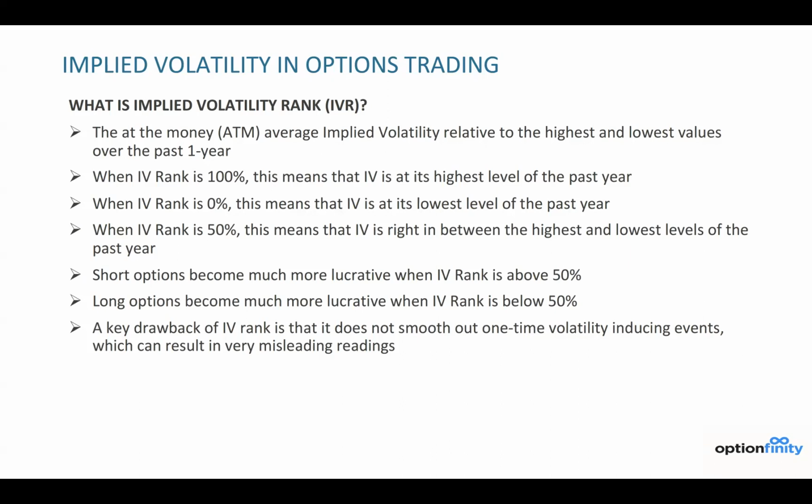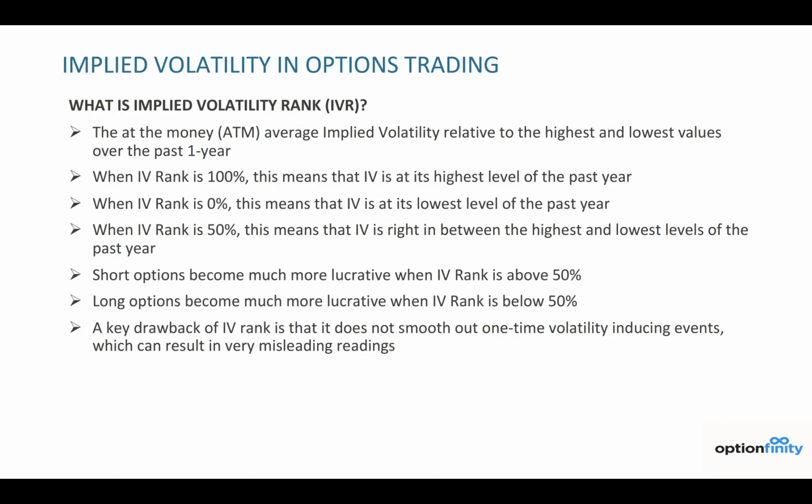That could be one anomalous event, for example. When IV rank is 50%, this means that IV is right in between the highest and lowest levels of the past year. So short options become much more lucrative when IV rank is above 50%. And obviously, the higher it is, the more lucrative those strategies will be, right?